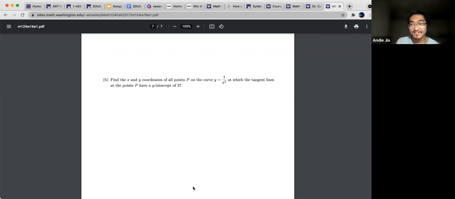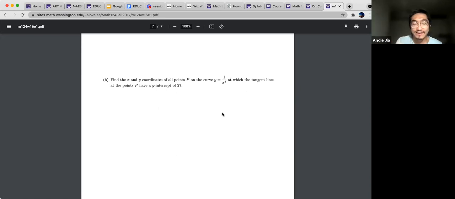Because you entered in the middle of talking about part B, I will re-explain this part. You have a curve with 1 over x squared, and you can rewrite it as x to the power of -2, and then find the y prime of x.